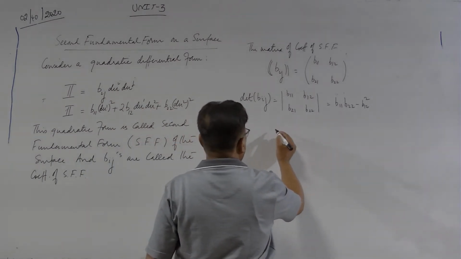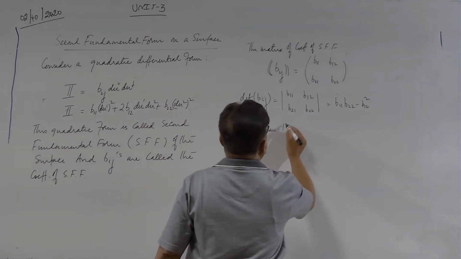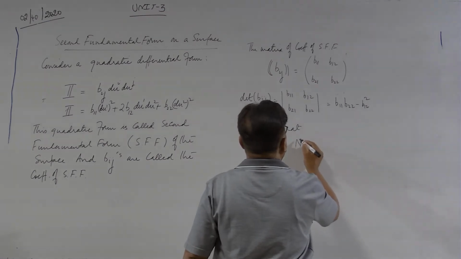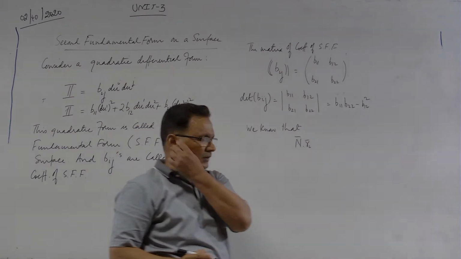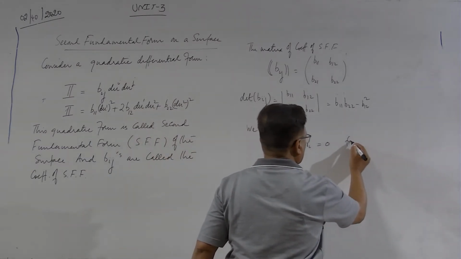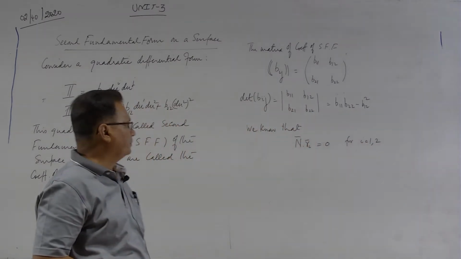So, consider, we know that n is perpendicular to both the basic tangent vectors. This dot product will be 0 for i equal to 1 as well as for i equal to 2.